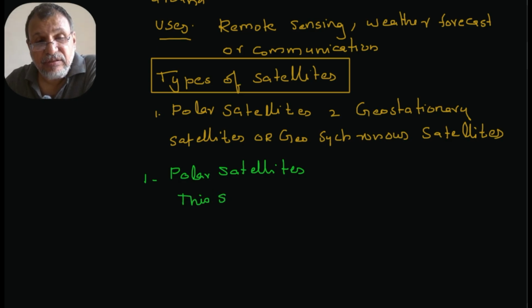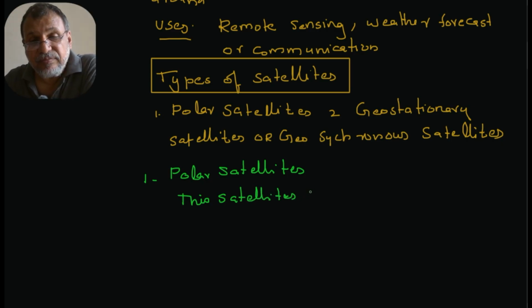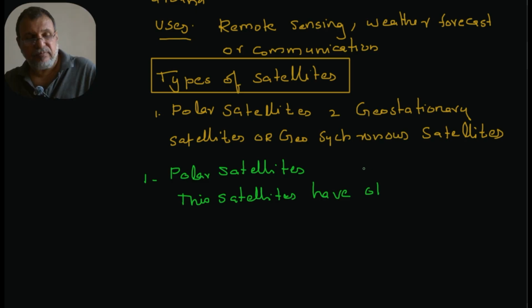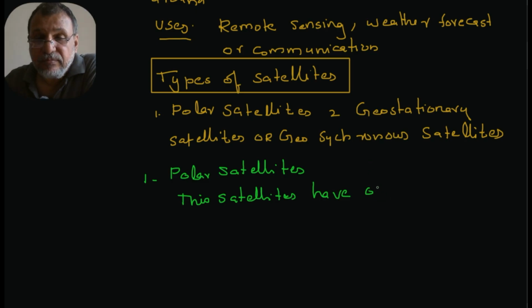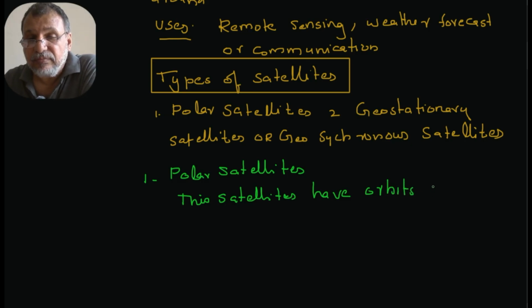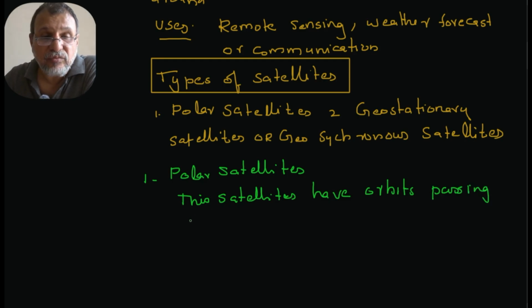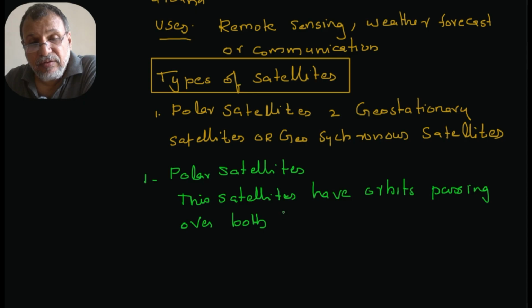These satellites have orbits passing over both the poles.